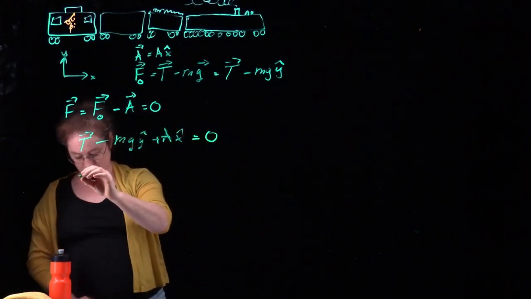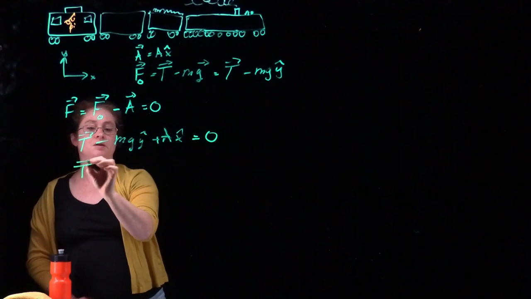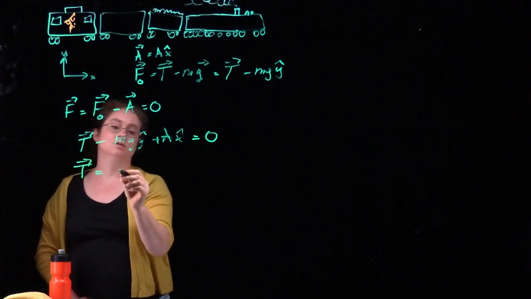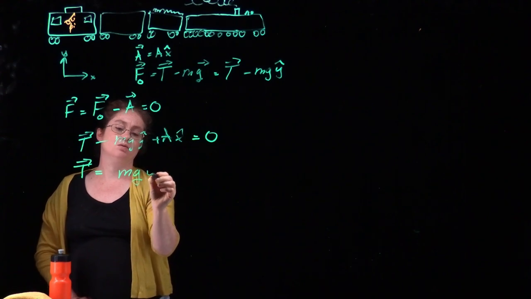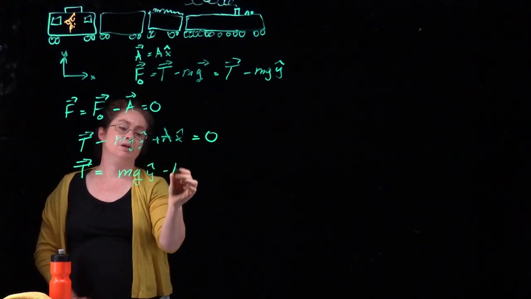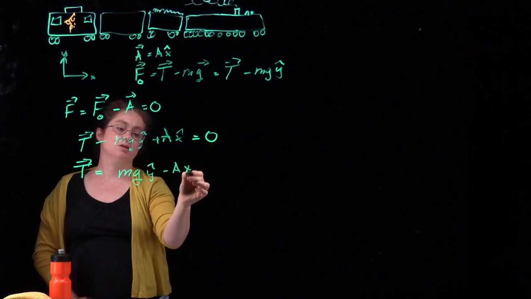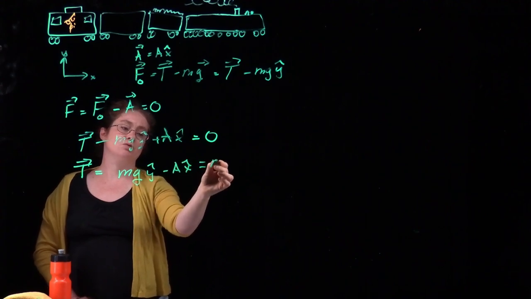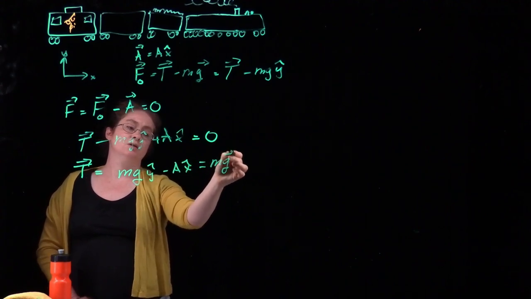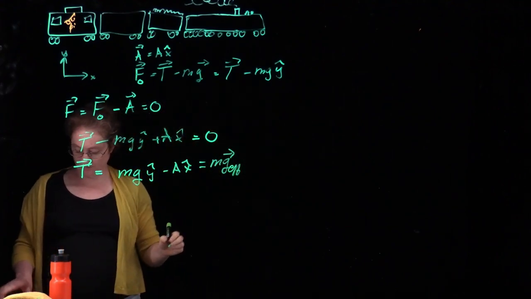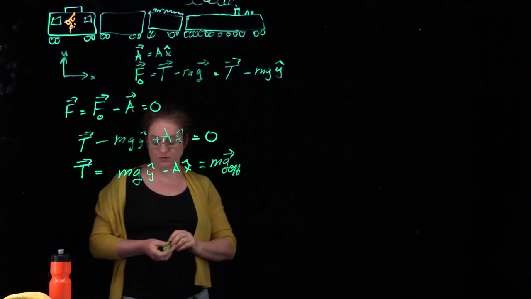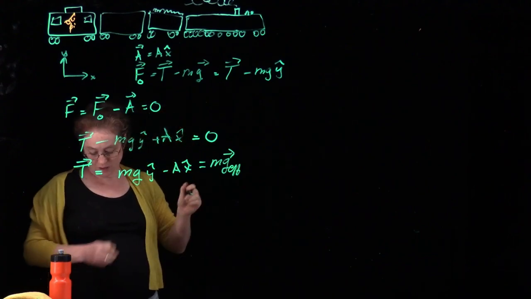So we can get that the tension is mg y hat minus the acceleration x hat. You can also write this as mg effective, as if there is some sort of effective acceleration there.